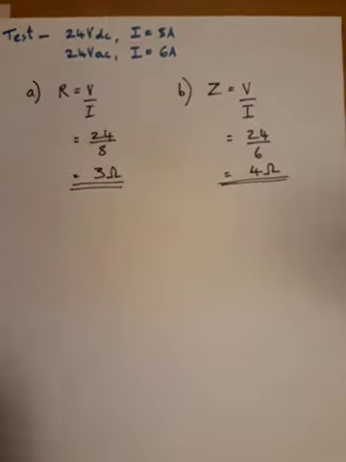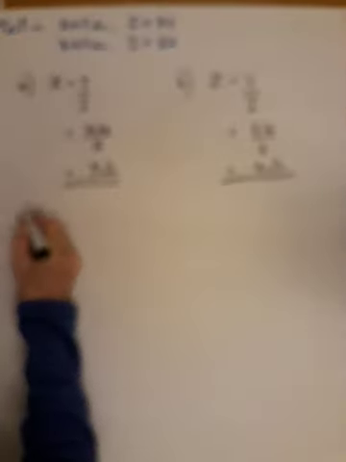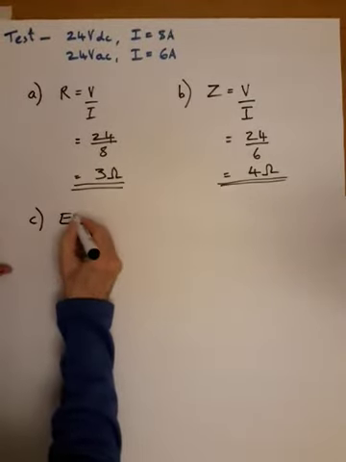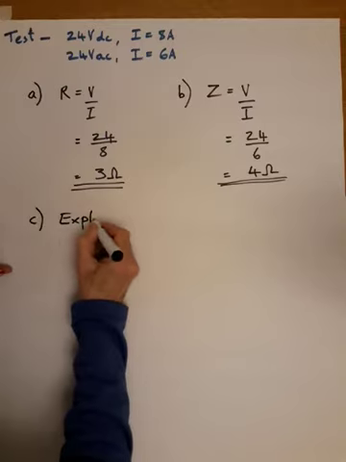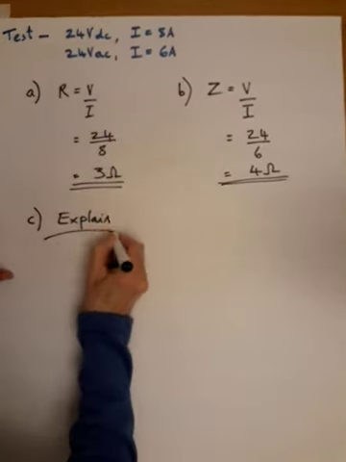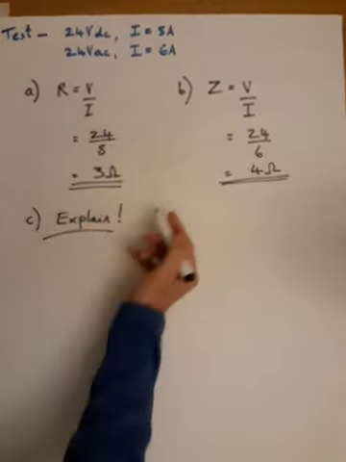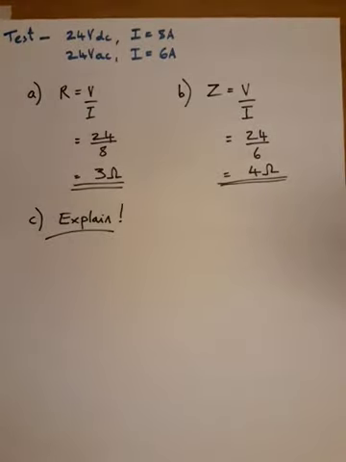So, part C asks you to explain. As soon as they say explain, you're going to be using words. You're going to have to write. So I'm trying to do this very quickly, and I'll quickly just speak off the top of my head what would be probably a suitable answer.